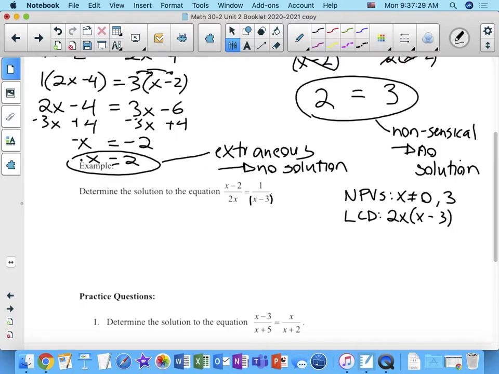Okay, so x minus 2 over 2x equals 1 over x minus 3. And I'll multiply by 2x times x minus 3. And on this side, times 2x times x minus 3.